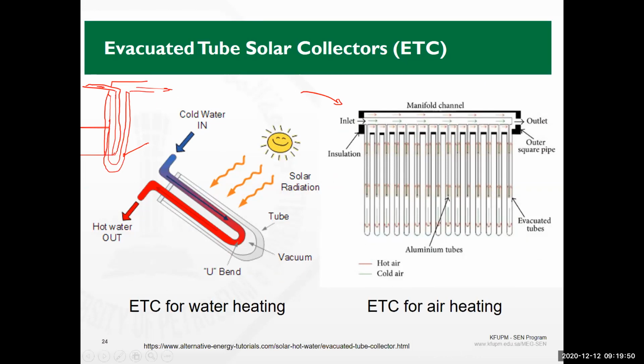If you are talking about this arrangement, then when you have a system which is made up of 20 tubes, the flow rate of the water is divided among them, which means that the m dot, the mass flow rate that passes in here, is small.